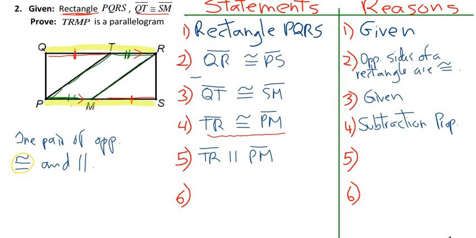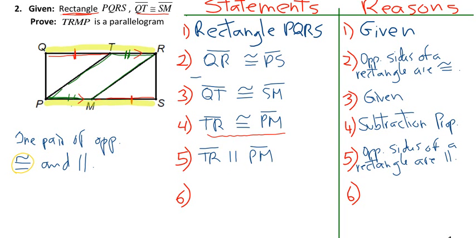and the reason is going to be opposite sides of a rectangle are parallel. And since these pieces are part of those sides, these pieces would be parallel to each other.